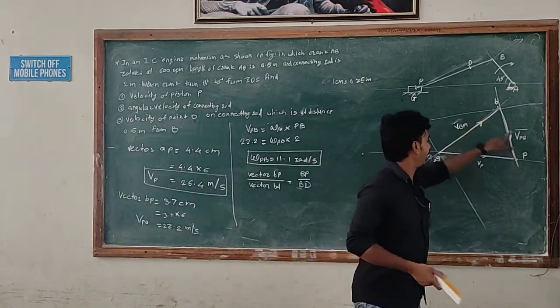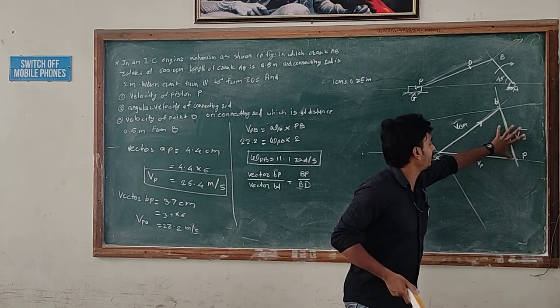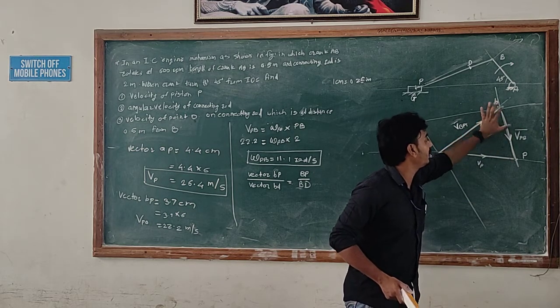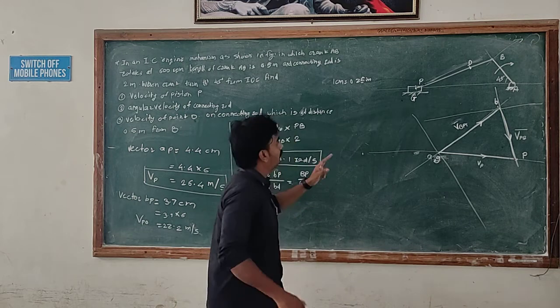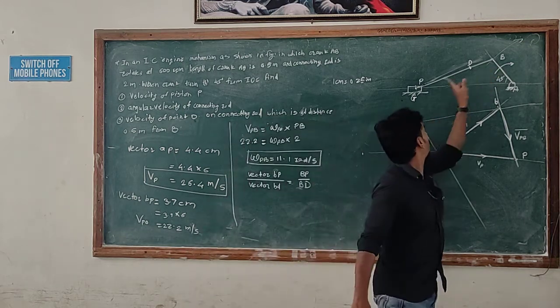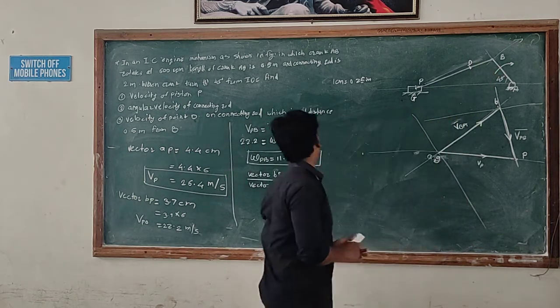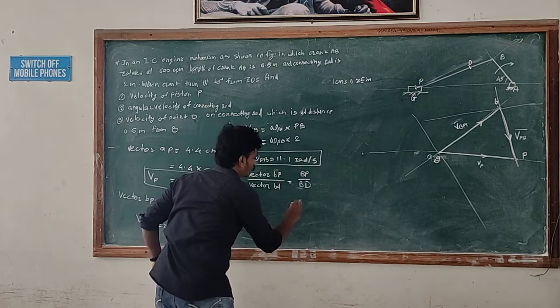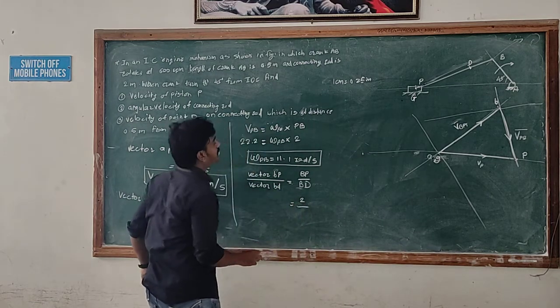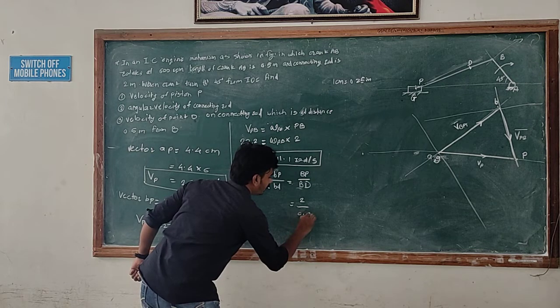In this diagram, the length of this vector upon the length from B to D is equal to the length BP upon the length BD. Here BP is equal to 2 meter, and distance BD is 0.5 meter.